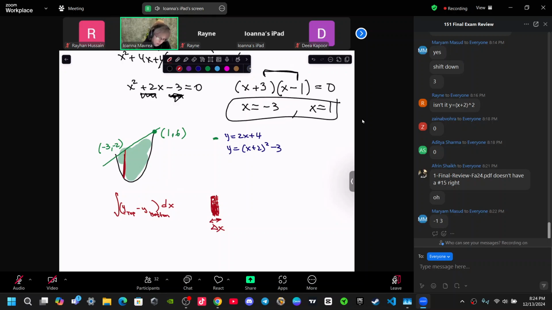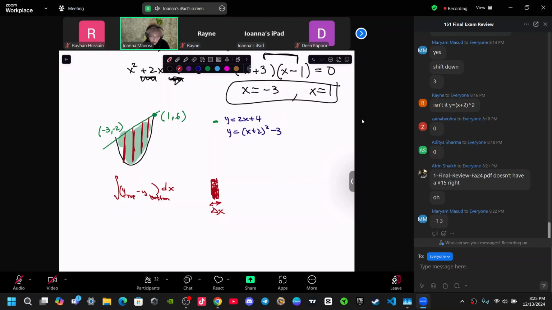So if I put a vertical line segment, no matter where I put it, the top of the line segment stays on the line, and the bottom of the line segment stays on the parabola, so I need one integral. Since I'm integrating with respect to x because the width, I'm moving the line segment left and right. That tells me integrate with respect to x, right?